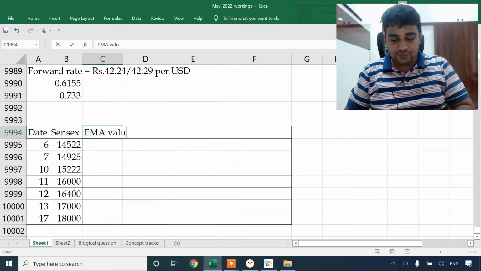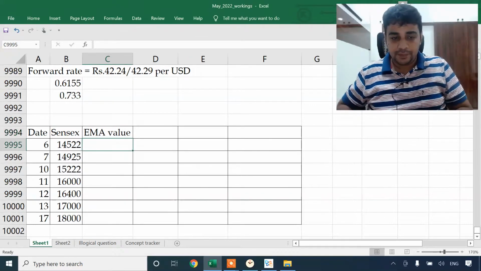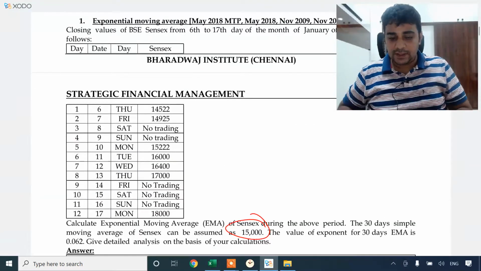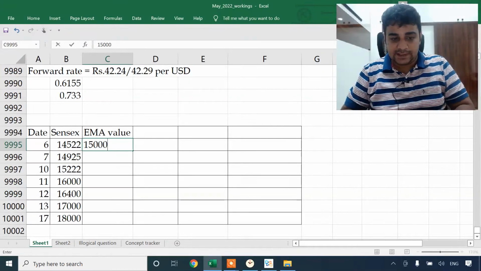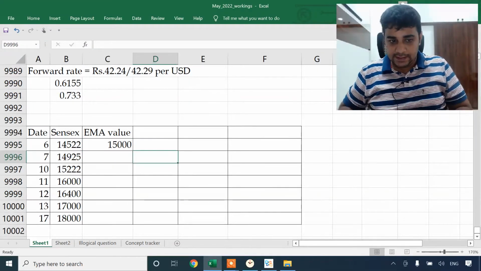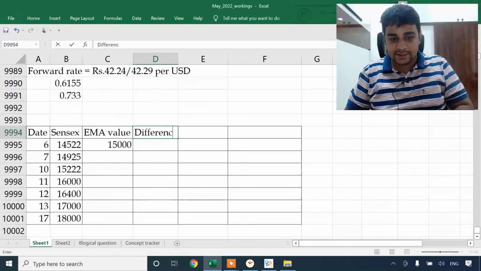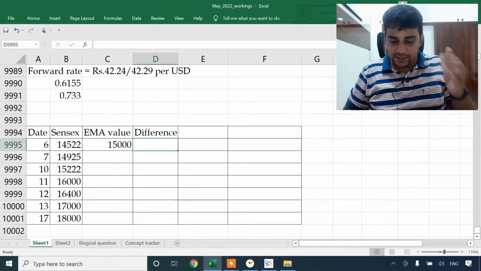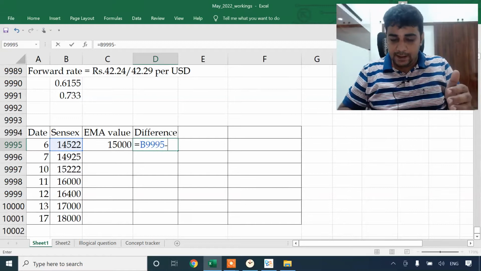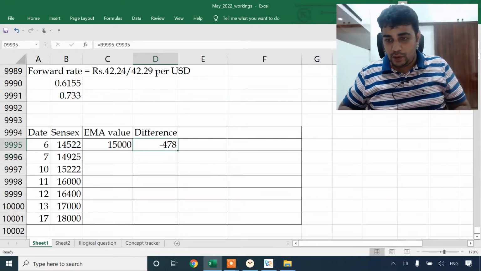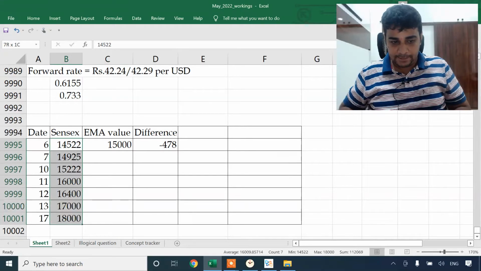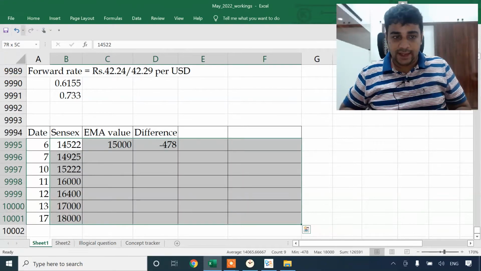Next is the EMA value, which is given in the question. The 30-day simple average is 15,000. That's the starting value you take. The starting difference is whatever the Sensex is reporting minus the EMA value for that day.